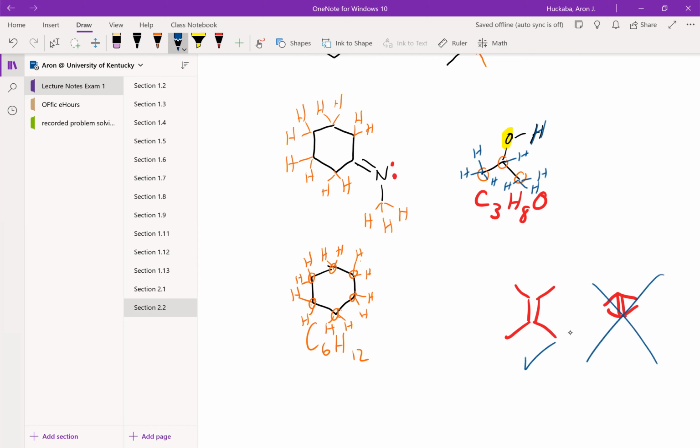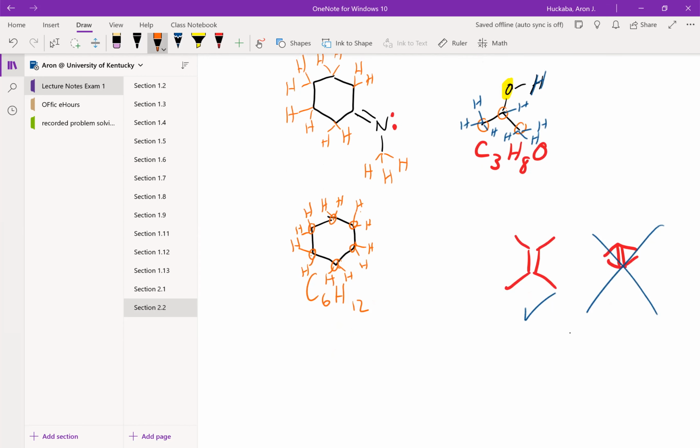Nope, very bad. So don't draw those double bonds like that. That goes also for, oh, I'm sorry, that was very bad. For ketones. These are called the ketones, the C double bond O. For these types of molecules, this is good, that's bad.